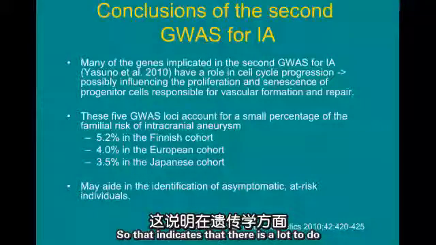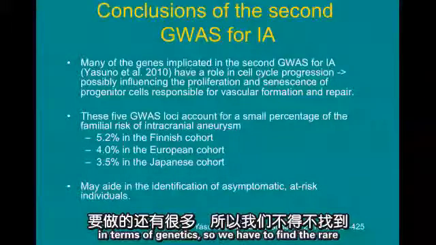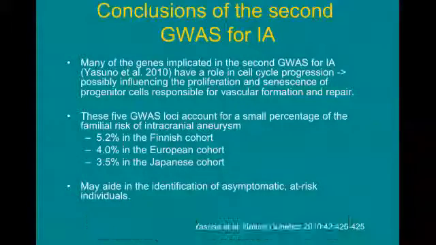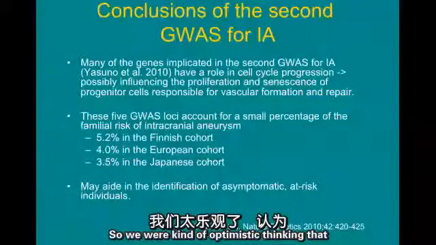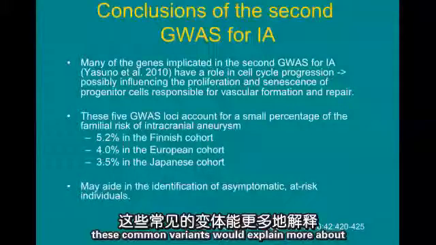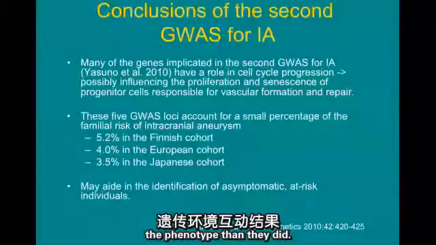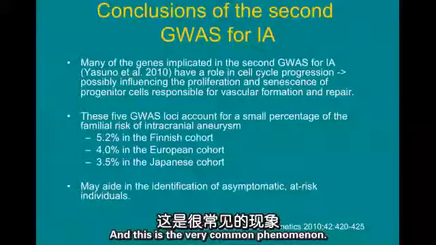So that indicates that there is a lot to do in terms of genetics. We have to find the rare and low frequency variants that were not screened. We were optimistic, thinking that these common variants would explain more about the phenotype than they did. And this is a very common phenomenon.